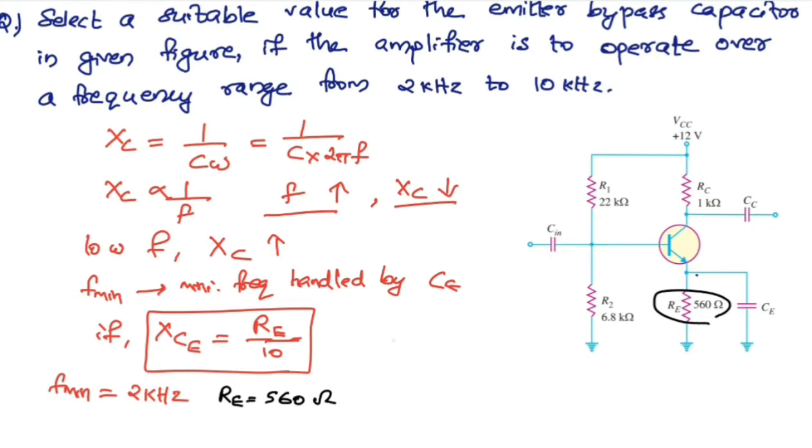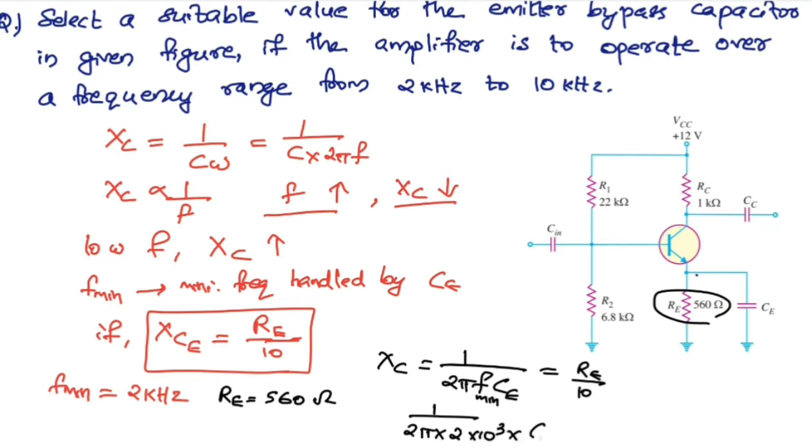So we can use the equation Xc is equal to 1 by 2 pi f Ce. Here F is F minimum. Xc value is given: capacitive reactance is Re by 10. So 1 by 2 pi into F minimum, which is 2 into 10 raised to 3, into Ce is equal to Re by 10, where Re is 560 divided by 10.